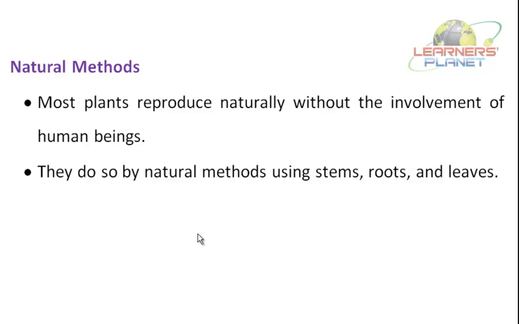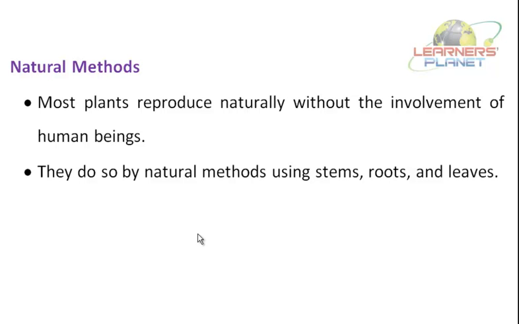For example, potatoes are swollen structures. So the principal types of vegetative reproduction structures are bulbs, corms, rhizomes and runners, as well as stems, roots and leaves.